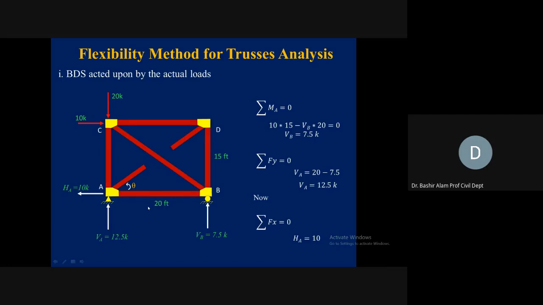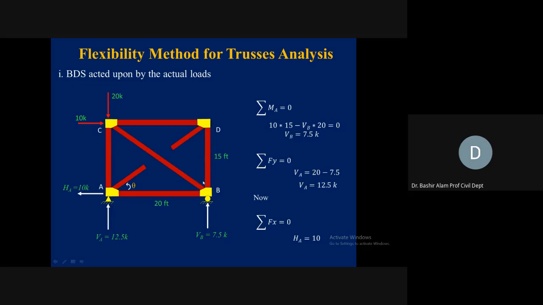Only diagonal BC is now required. Very easily you can find out the direction, the nature of this BC. How? Its vertical component should be balancing this 7.5 upward force. And that is possible when its component is in the downward direction.